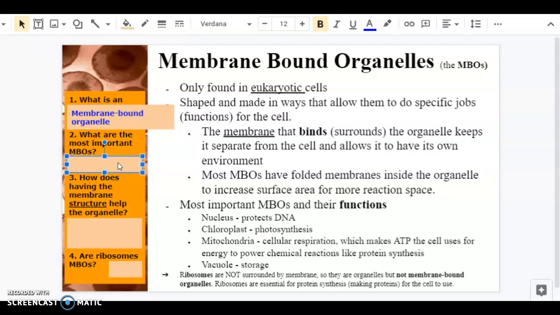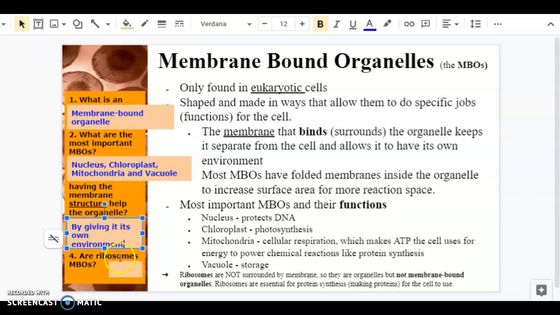The most important ones are the nucleus, chloroplast, mitochondria, and vacuole. Having that membrane structure helps the organelle by giving it its own environment. And ribosomes, although super important, are not included in this group.